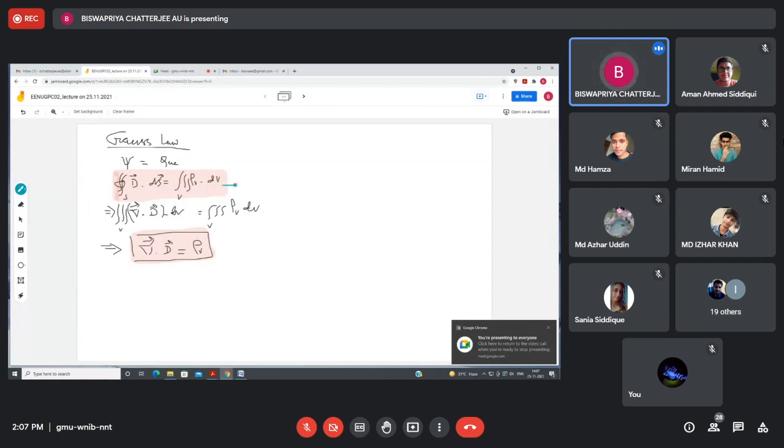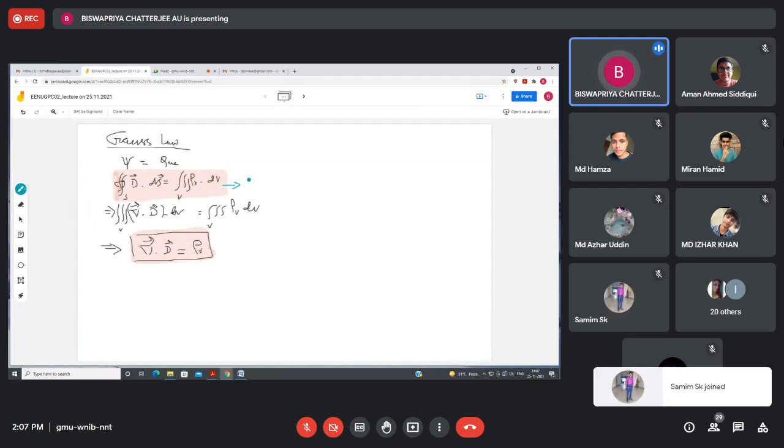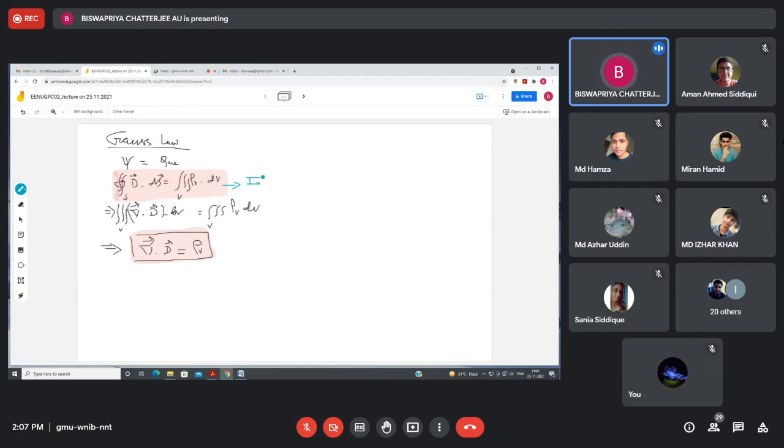This is the integral form, and this is called the differential form.